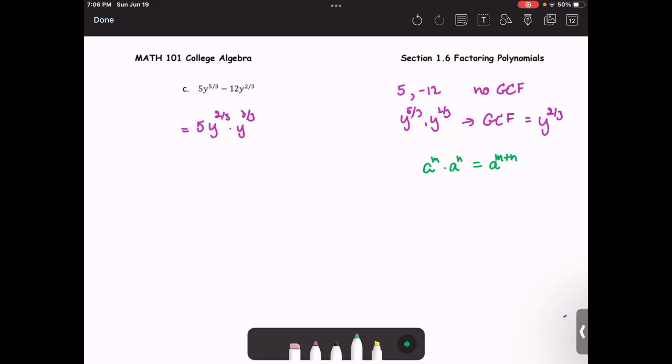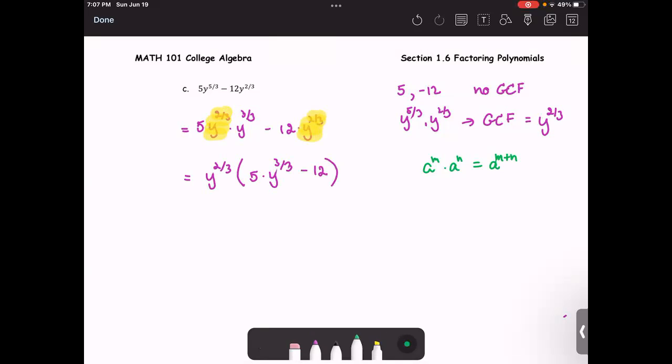And back to the main part of the problem. The second term we can write as 12 times y to the 2/3, which has no change. And with this, we can see the greatest common factor from those terms, and then factor it out as y to the power 2/3 multiplied by the remaining factor 5 times y to the power 3/3 and then minus 12.